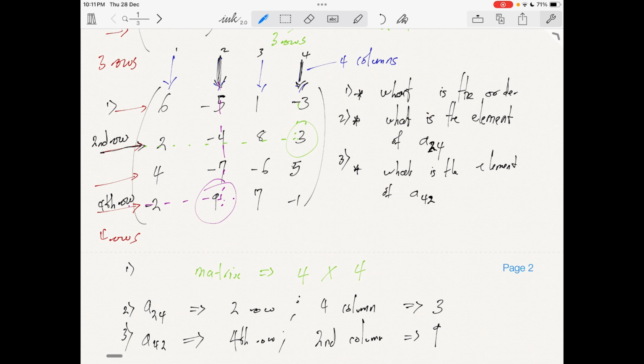The understanding of how we can pinpoint what row number is this, what column number is this, or what's the order of the matrix. If the order of matrix is this, can I apply this operation on it? If not, then what next? So we want to quickly look at the types of matrix.